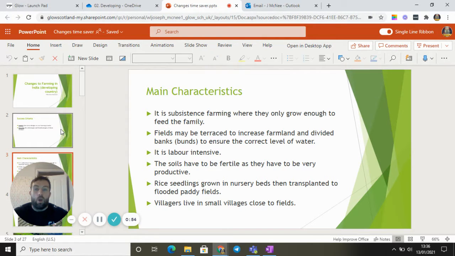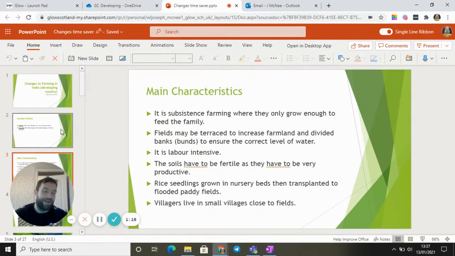So, quick recap then. What are the main characteristics? It's subsistence farming, where they only grow enough to feed their own family. The fields are very small and they're terraced on hillsides to increase the amount of farming space they've got. They're divided up by bunds or walls to ensure there's a correct level of water in each field.